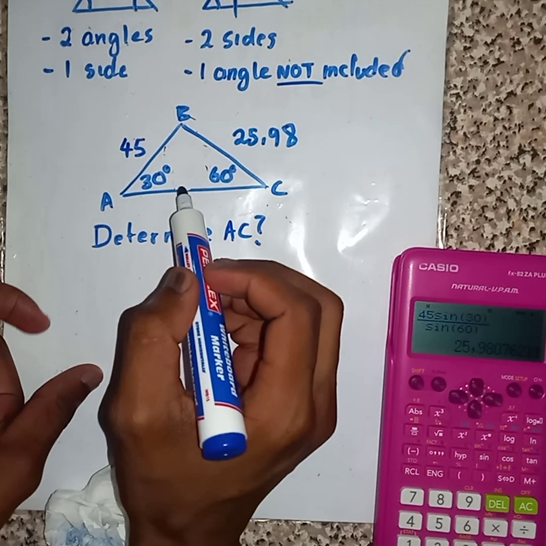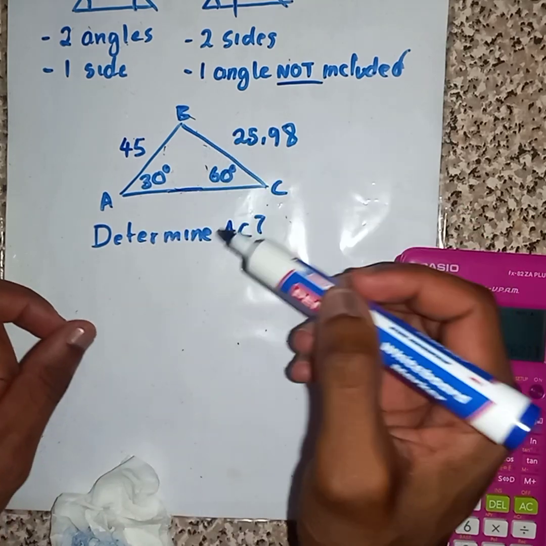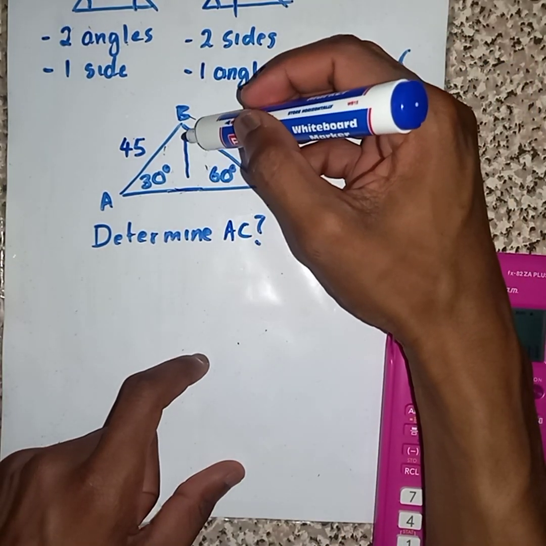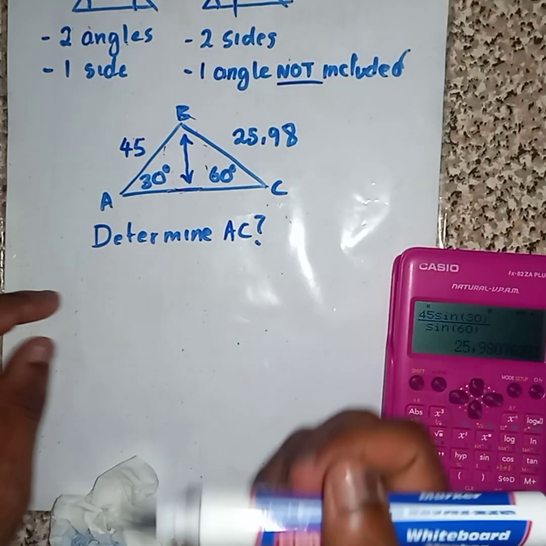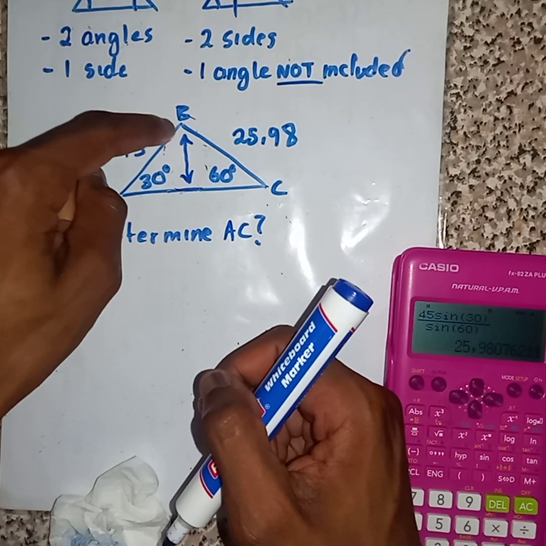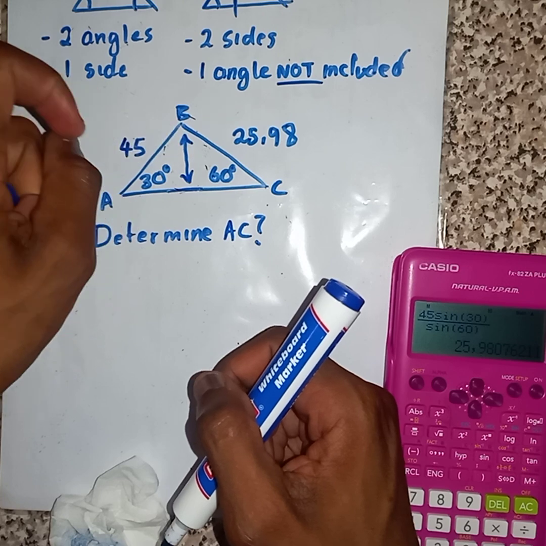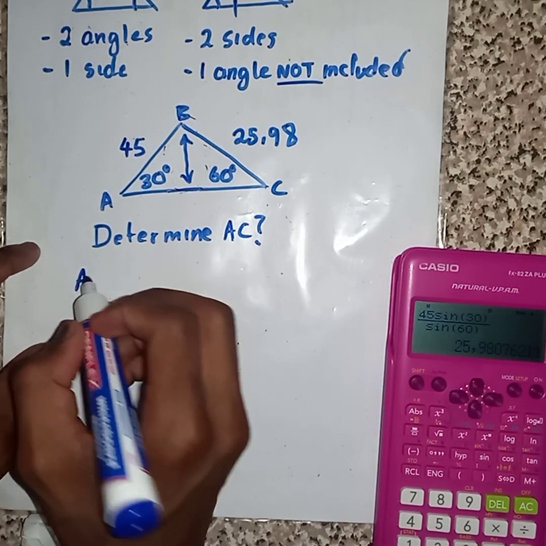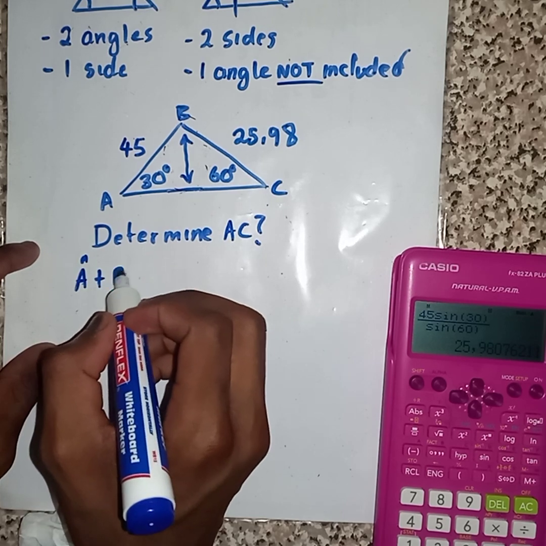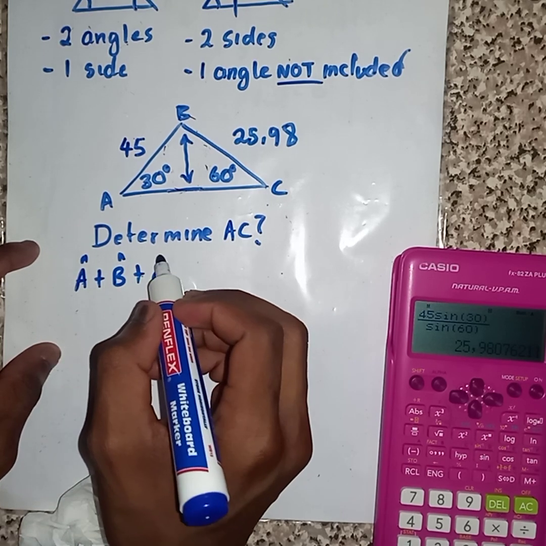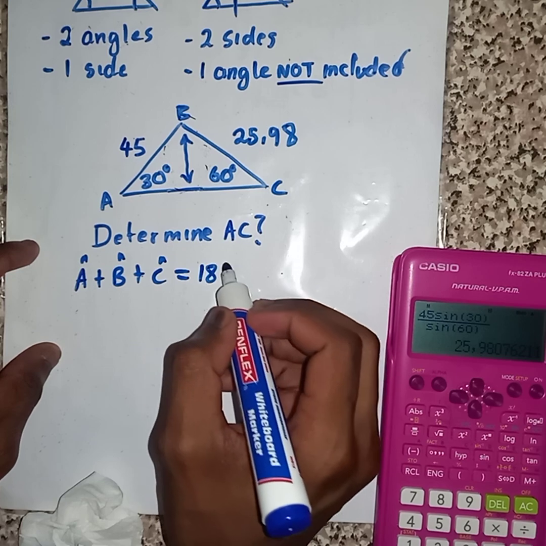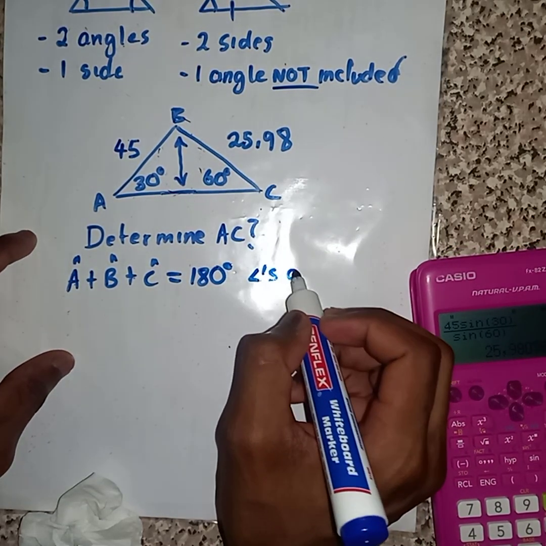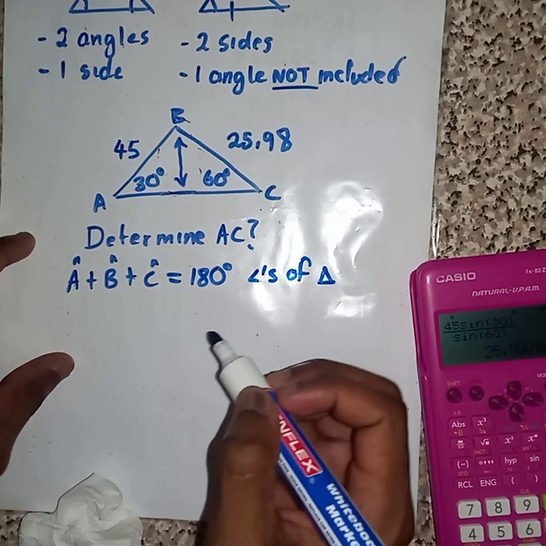For us to find AC, you can clearly see that we need that angle. Look, so simple. We know that if we add A, B plus C, we should get 180 degrees. Why? The sum of angles of a triangle.